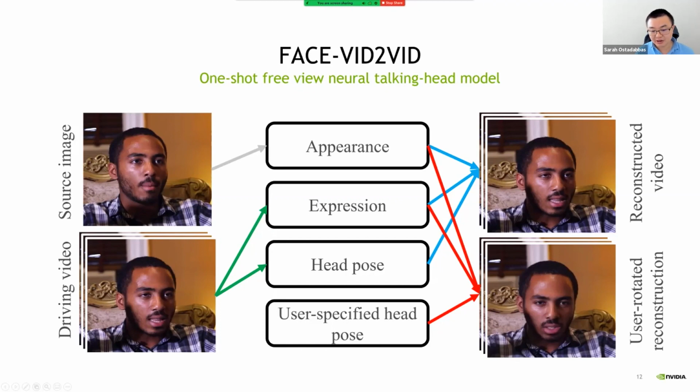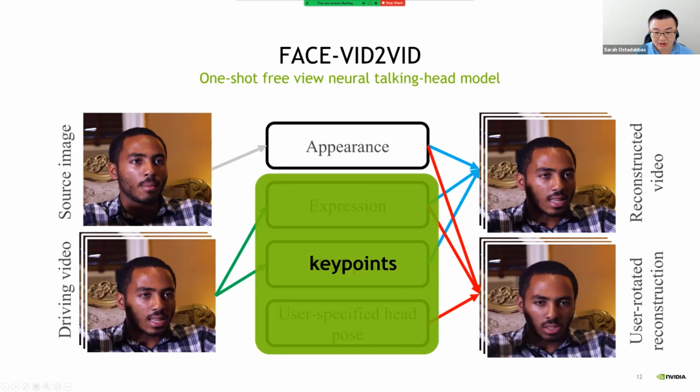If you don't like the head pose in the original video, you can change it to something you like, for eye contact. Then combine the appearance from the source, expression from the driving video, and your own specified head pose, and you can achieve face redirection. We're going to call this information key points.